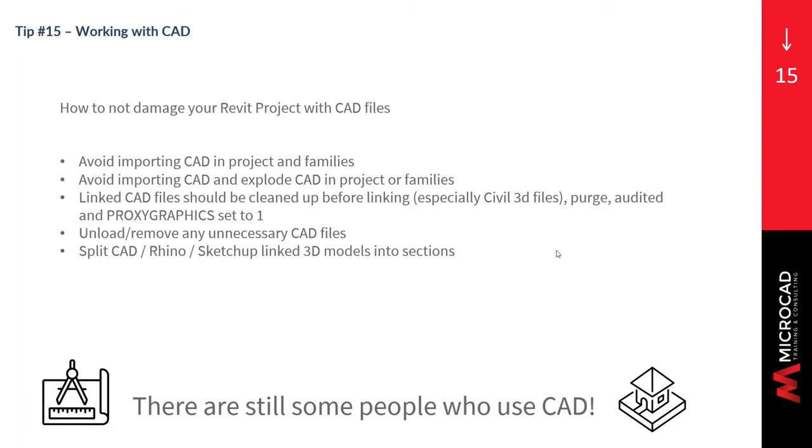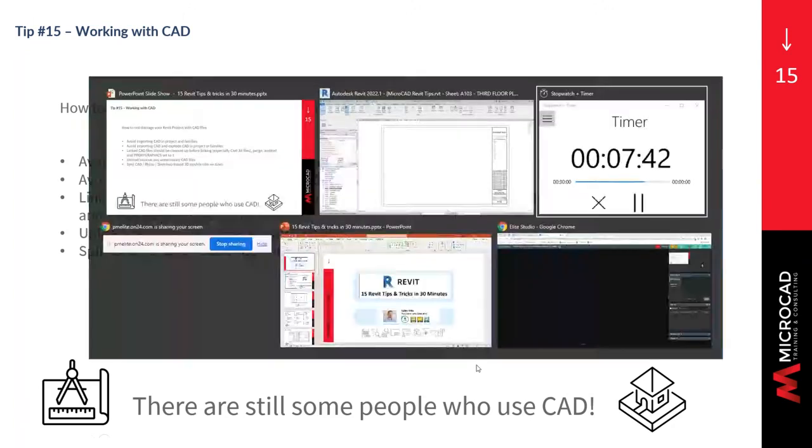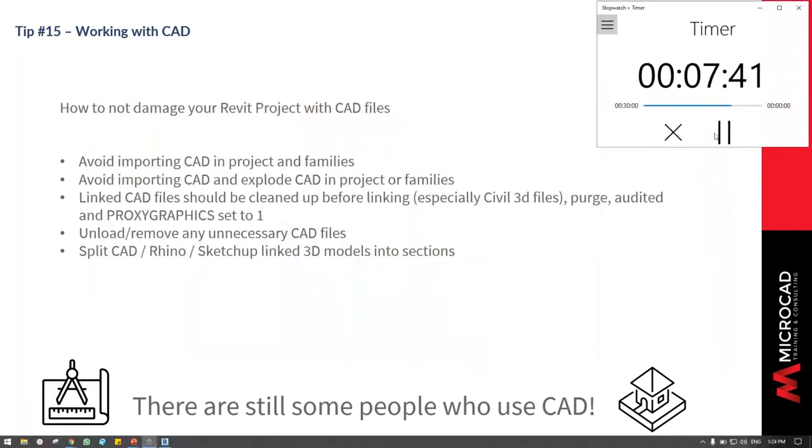And sometimes this can be really extremely hard to track down and clean up in your project. So if you're working with CAD, try to do these things, and it will help you to improve your project. And I will say that's time. We have 7 minutes to spare, and that means we can fit more tips for the next webinar.